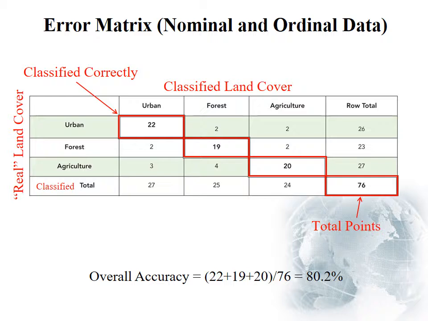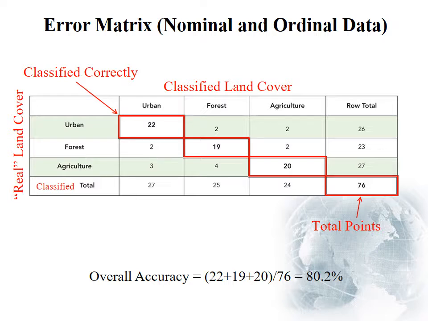So there are 4 numeric entries across for urban. 22 locations that we knew were urban were classified in the map as urban. 2 locations that we knew were urban were classified as forest. 2 other locations were classified as agriculture. So out of the 26 locations that we knew were urban, 22 of them were classified properly on the map.